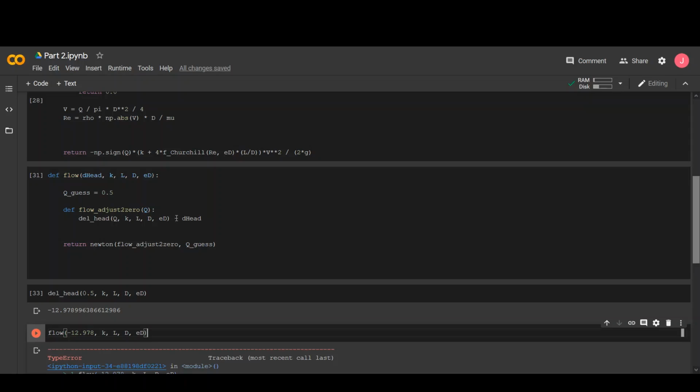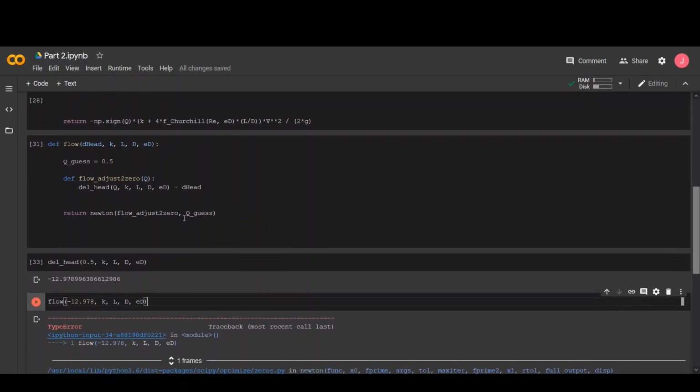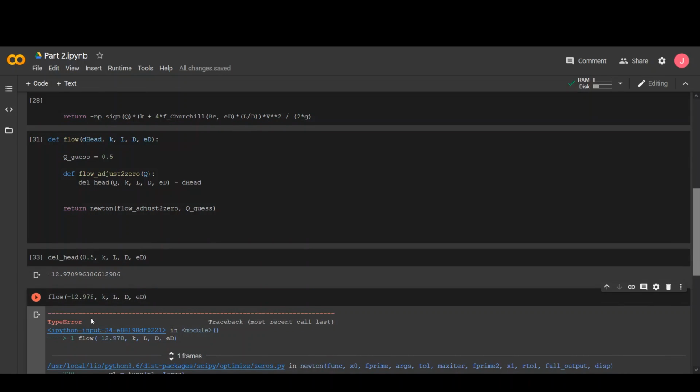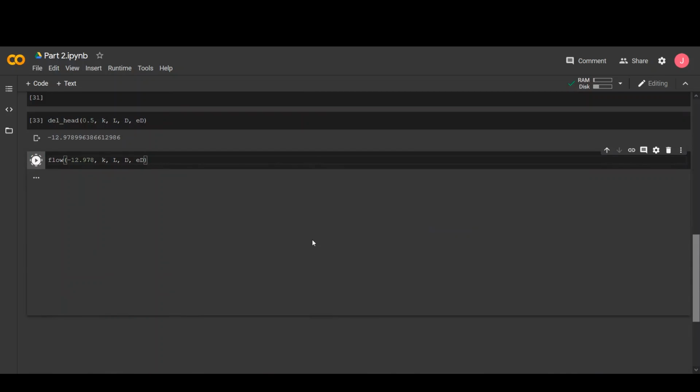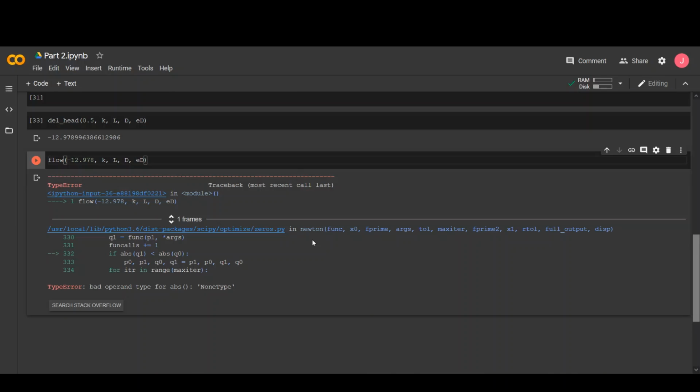So it's possible that maybe there's a discrepancy in the sign. So I'm going to try this with a positive 12.978. Okay, that still gave me an error. Is that the same error? Yeah. Huh.